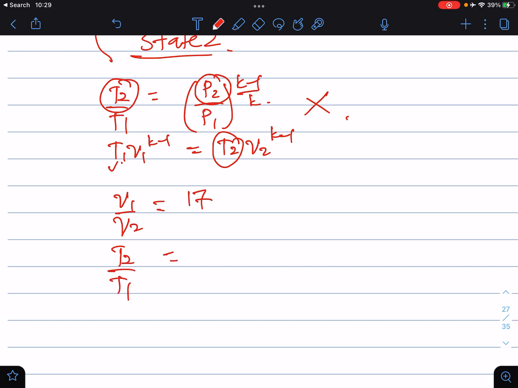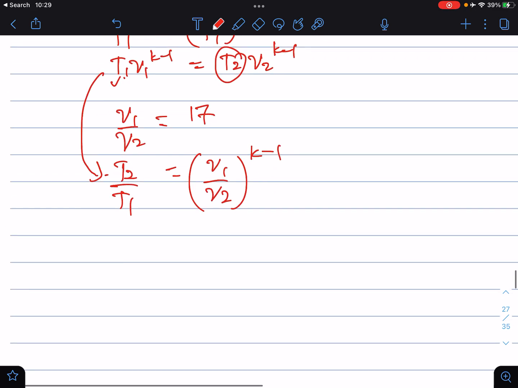T2 over T1 equal V1 over V2 power of K minus 1. I just rearrange this equation, and then T2 equals T1 times V1 over V2 power of K minus 1.